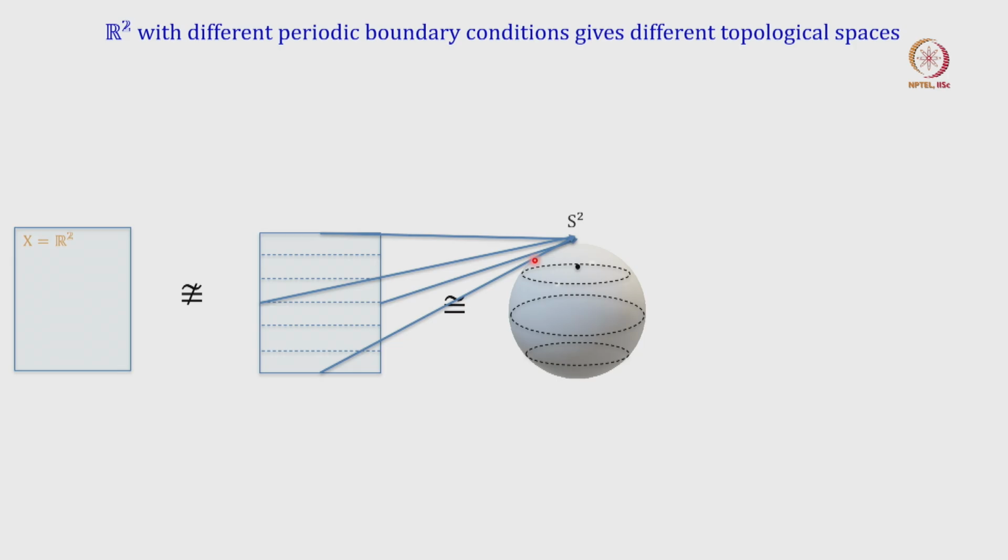So, it is like making a momo. You start with some chapati and you take all points at the boundary and put them together into a point, and you get S2. It is called projective space. Okay. I just give a different periodic condition and change the topology, and these two are however homeomorphic to each other.